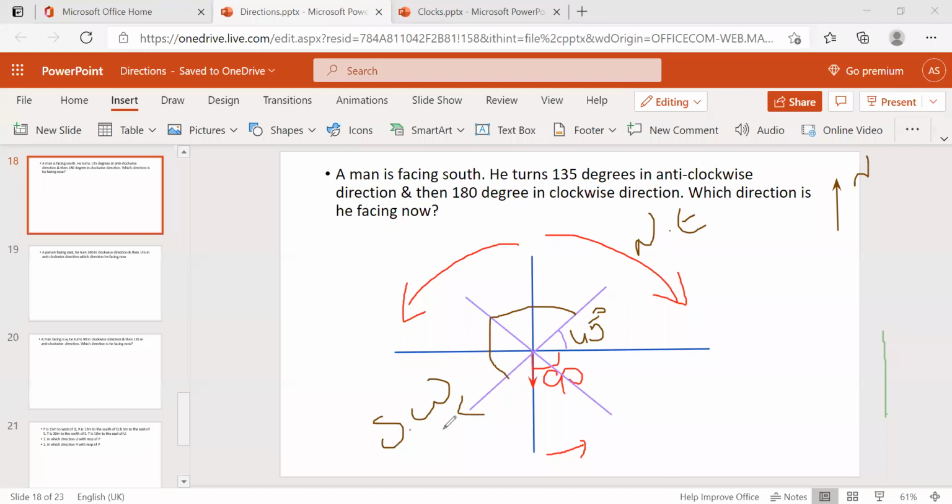Now just recall the first class. What I said: 180 degrees, whether clockwise or anti-clockwise, is exactly the opposite direction.